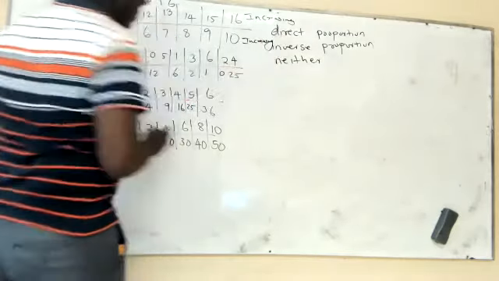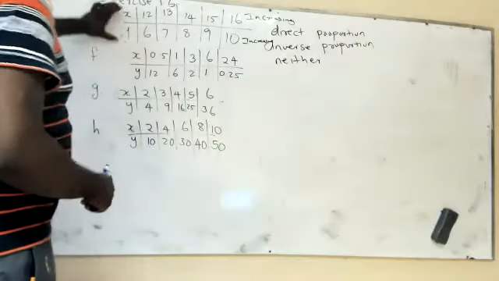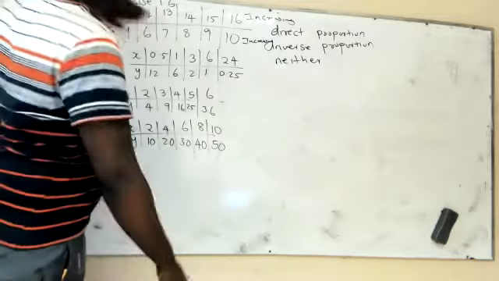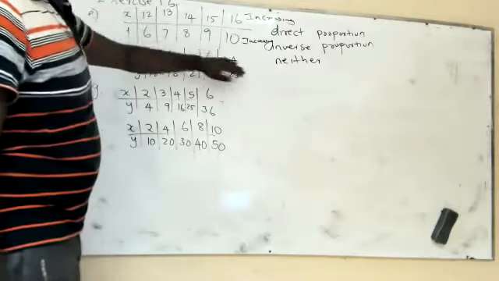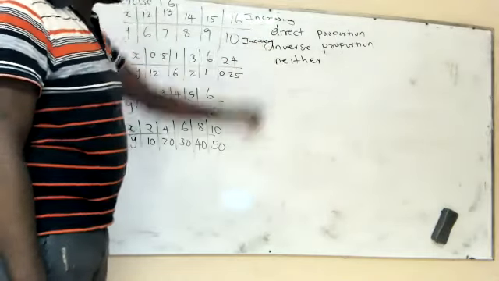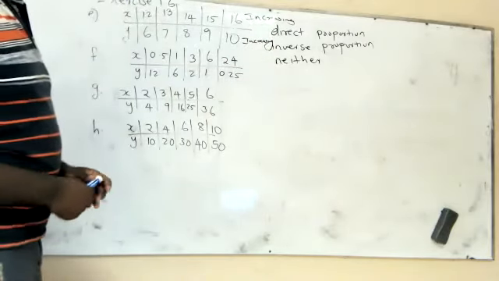So now we should be able to conclude about the proportion we have here. If X is increasing and Y is increasing, what can we say about the proportion? Is it going to be direct, inverse, or neither?